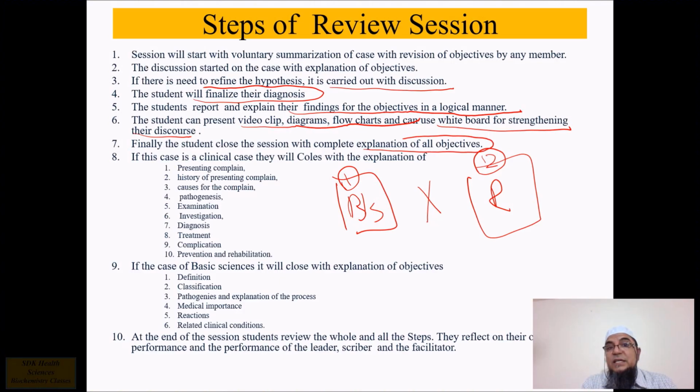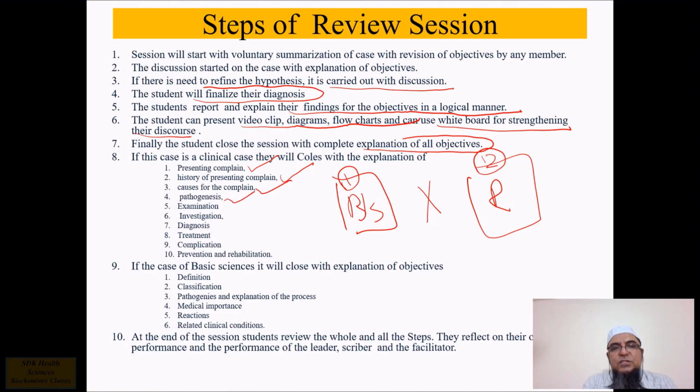If this was a clinical case, as we just explained, like a case of MI, then they will start with the presenting complaint and history of the presenting complaint, that this patient was suffering from chest pain for the last 3 hours, and they will discuss the causes of this complaint, what the basic causes are.